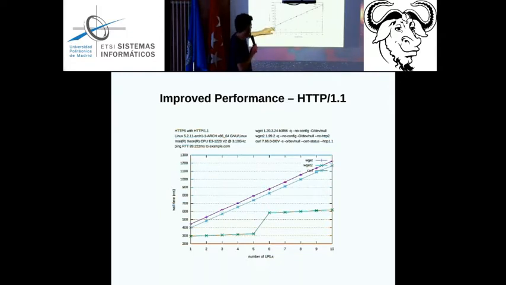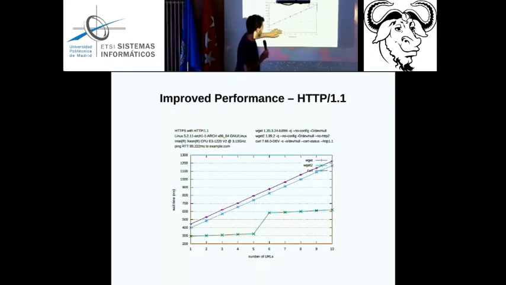So, as we can see, of course, while the number of URLs grows, the wall time also grows. But thanks to the multi-threading support in WGET2, this, well, it's not a curve, but this increasing line is the best.